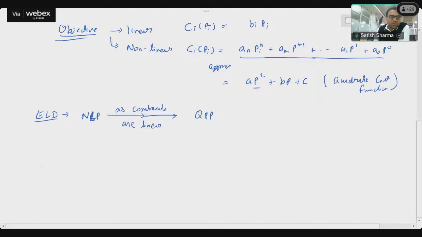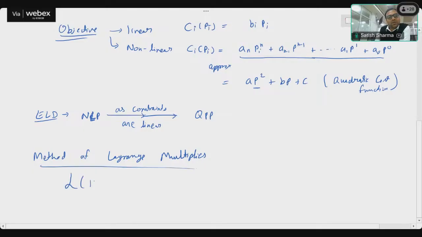So now how can we solve it? We know that we will adopt the method of Lagrange multiplier. Let's assume, I will put down some Lagrangian multiplier.